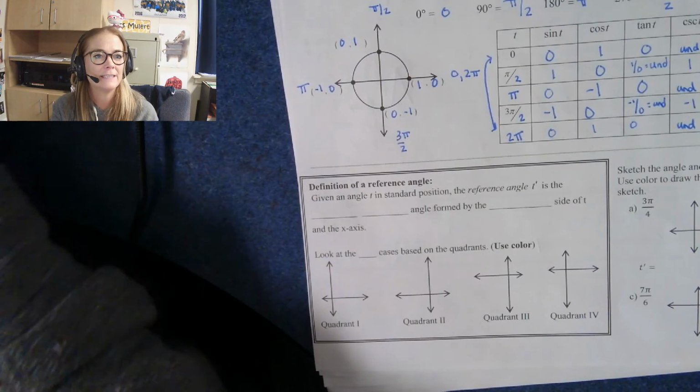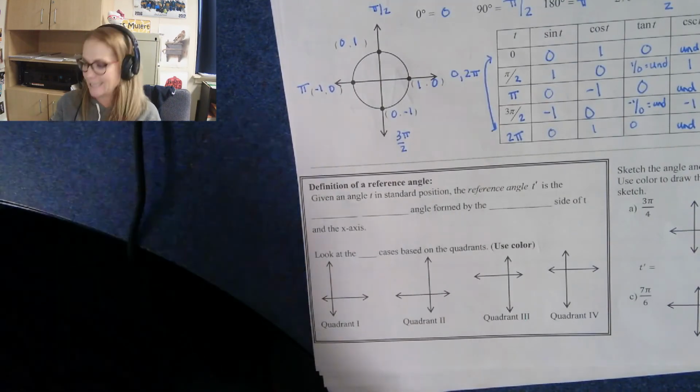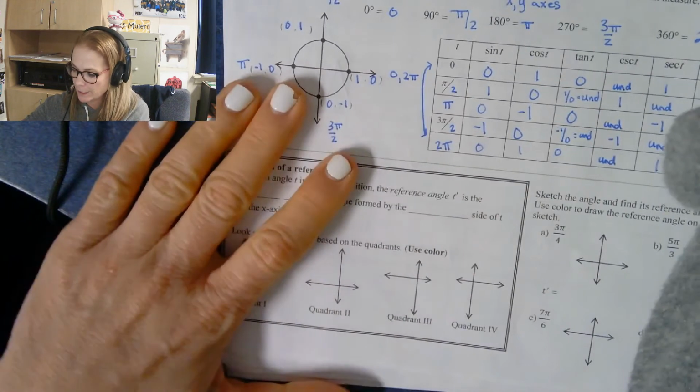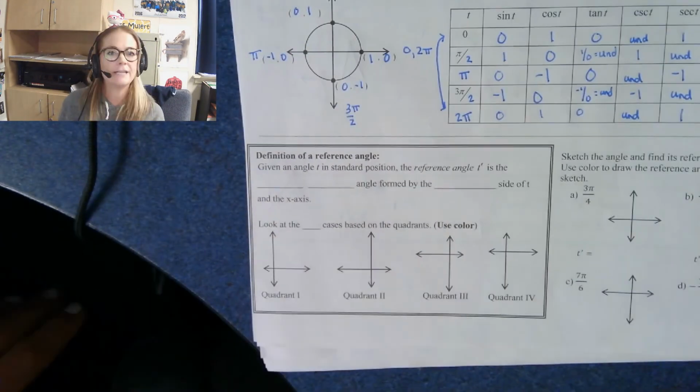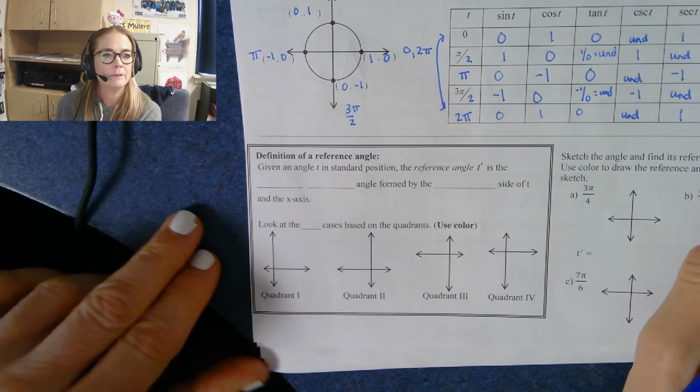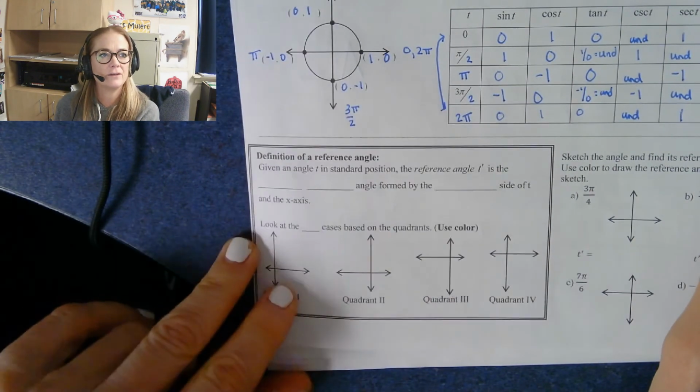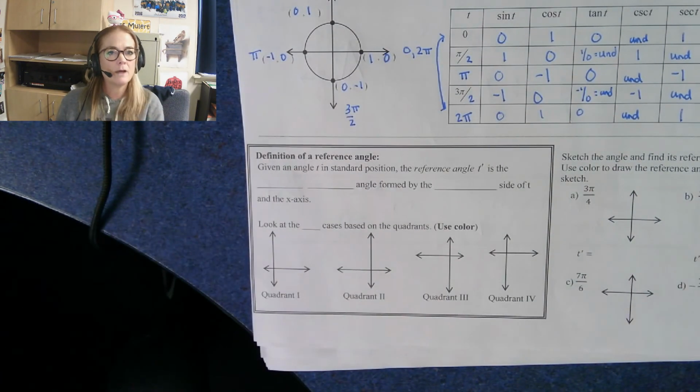All right, definition of a reference angle. Here we go. This is important. Basically, pretty simple: always lock the angle down to the x-axis. We just pretend it's an acute angle, regardless of the quadrant, and pretend it is in quadrant 1.